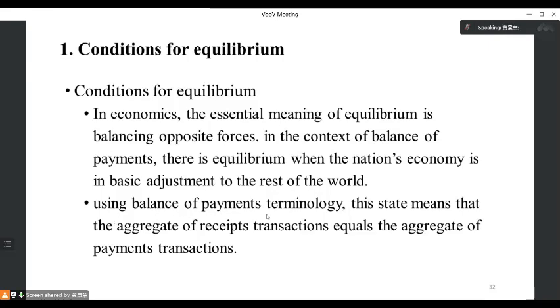Using balance of payments terminology, this state means that the aggregate of receipts transactions equals the aggregate of payments transactions.